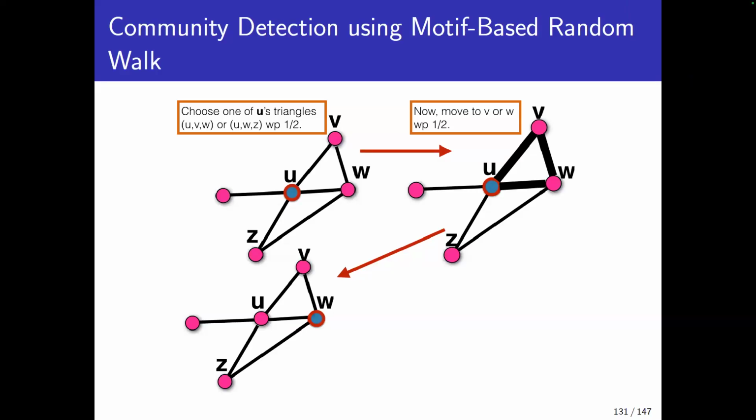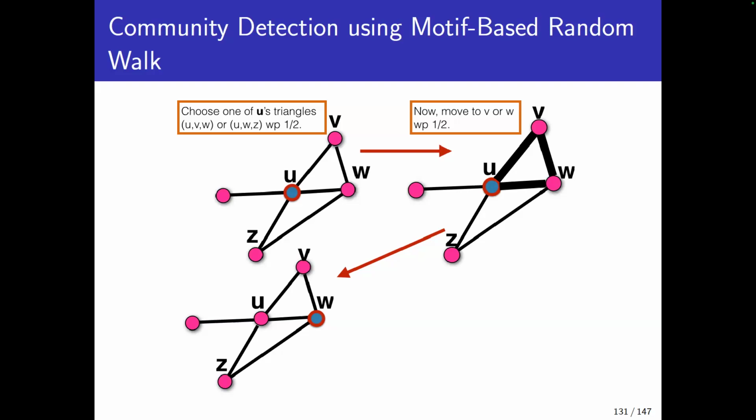So basically, instead of doing the random walk, where at node U, I choose one of the neighbors uniformly at random, I choose one of the triangles that U participates in uniformly at random. And then among those triangles, I choose one of the endpoints of that triangle uniformly at random. So U participates in 2 triangles, UVW and UZW.